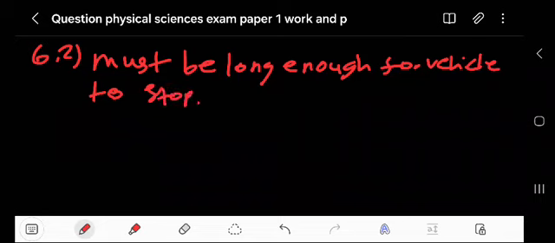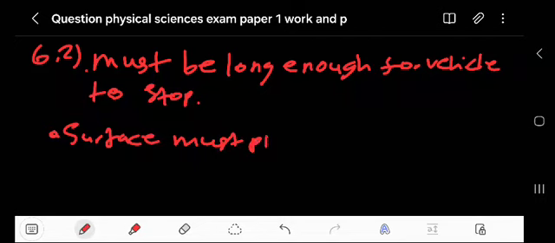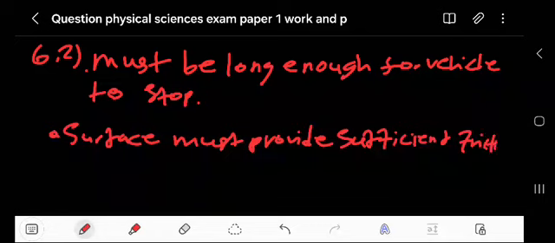Then the second point, what can I say? The surface must provide sufficient friction, like sand.